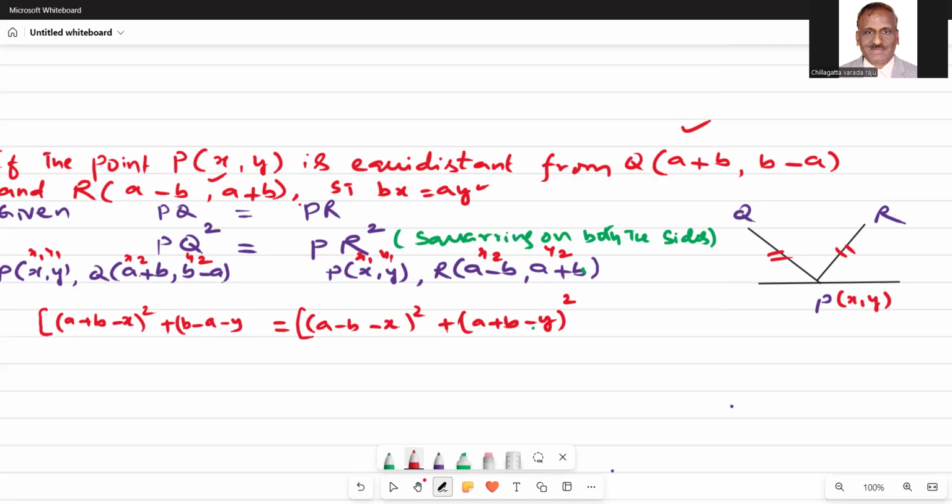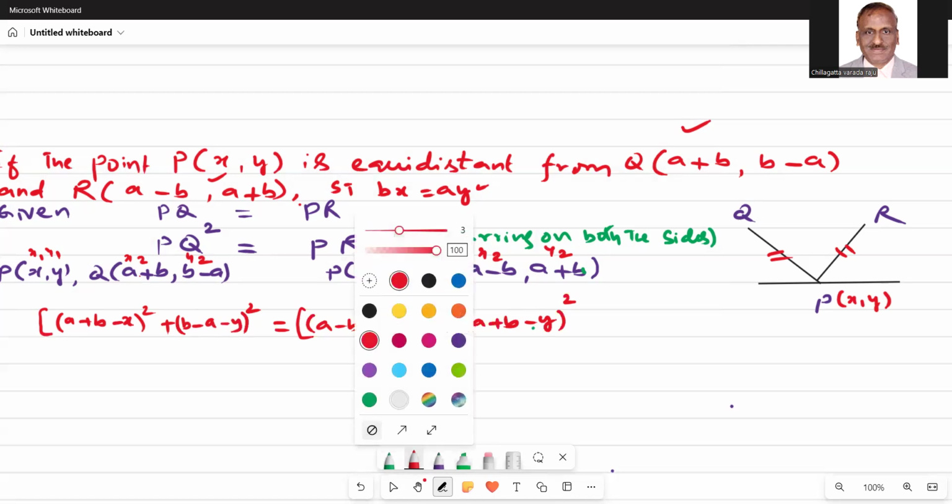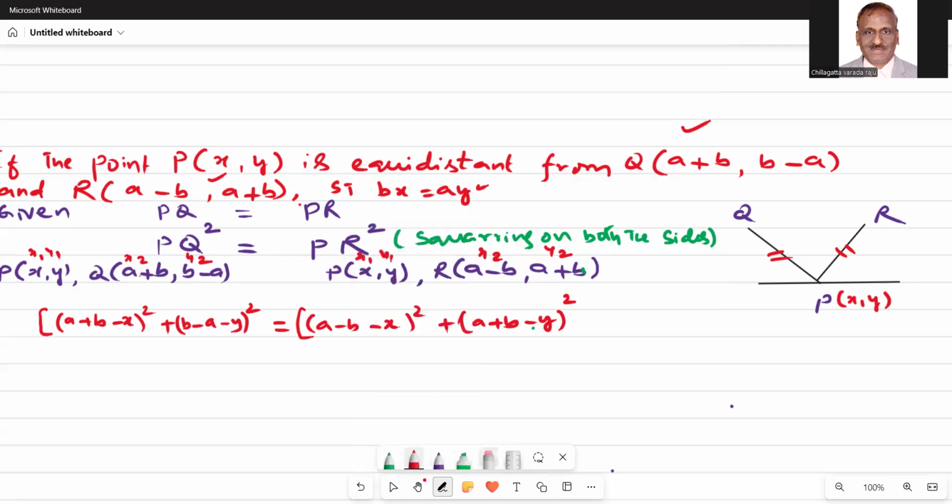So in class 9th, you have learned the formulas connected to algebra, a plus b plus c whole square. Can you remember the formula? So a plus b plus c whole square, the general formula I will write. From there we will expand a plus b minus x, or a minus b minus c whole square and all.